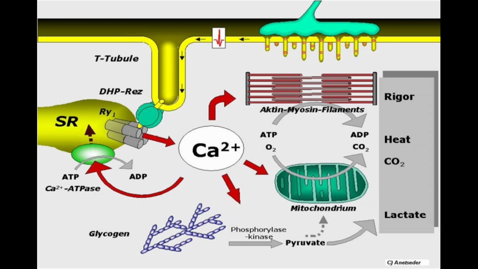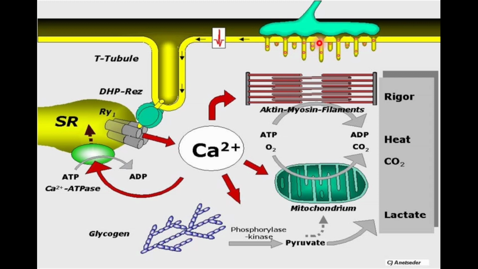This diagram shows the normal events during neuromuscular transmission in fast-twitch fiber. Arrival of action potential in the nerve terminal releases acetylcholine into junctional cleft.